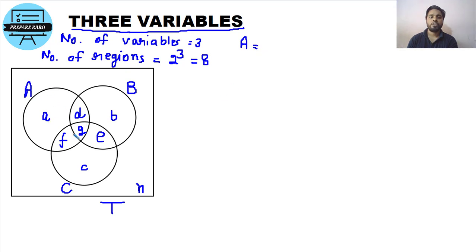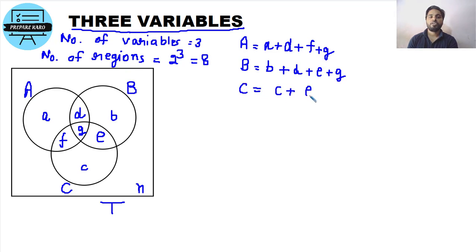Capital A is A, D, F, and G. Same way capital B is B, D, E, and G. Then capital C is C, E, F, and G.